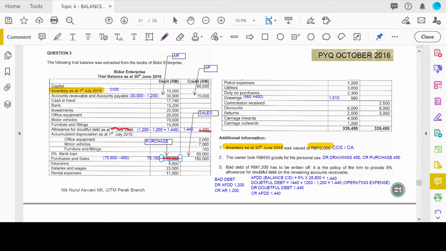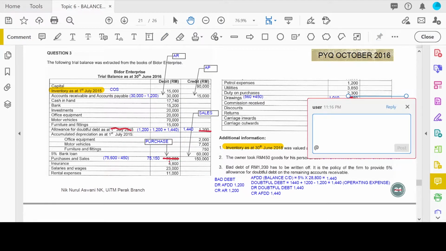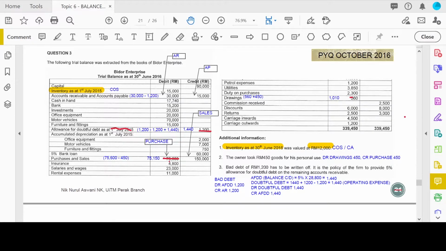That one also, this one also, provided that there is no more adjustment related to drawings or purchase. All right, that's it. Sorry, I want to cancel this one. How to cancel? Okay, settle.